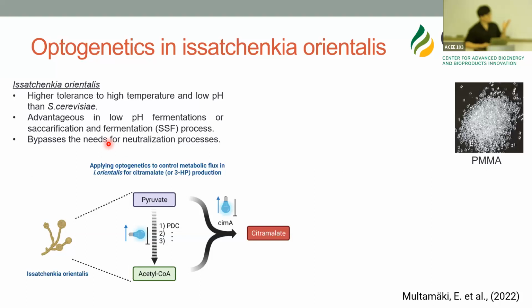Now, because cerevisiae can't really handle low pH, when you use cerevisiae for metabolic engineering, you do require a neutralization process, which can be harmful to the environment. With Issatchenkia, this neutralization process can be bypassed.